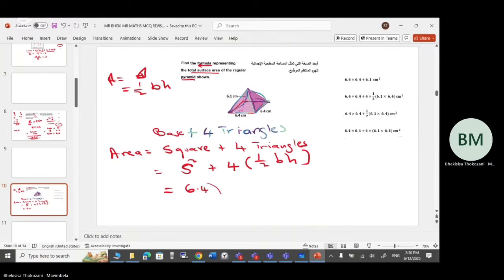Okay, all squared plus 4 half, and I can see here my base of the triangle, which is 6.4, times my height is 6.1.